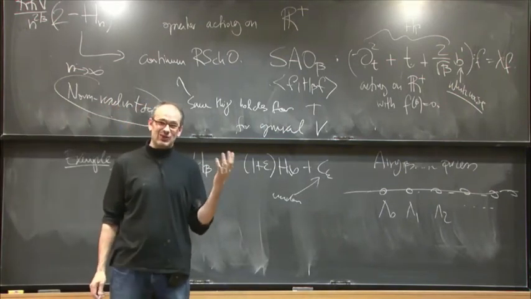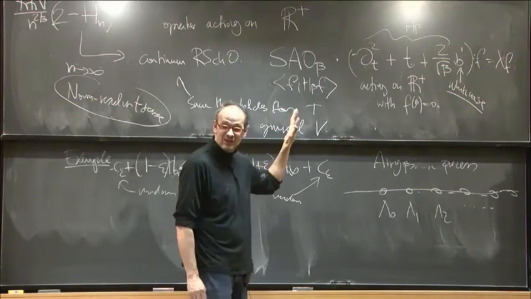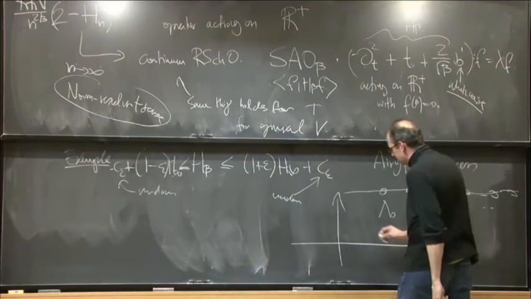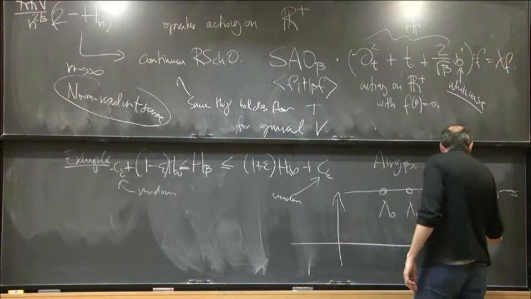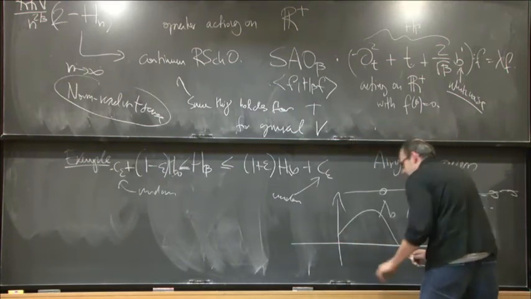H infinity is just the ordinary Airy operator, right? There's just no noise. It's gone. So what are the eigenvalues of the ordinary Airy operator? Well, if you remember, if you take this Airy Ai function, at least Mathematica calls it Ai, it looks like this.